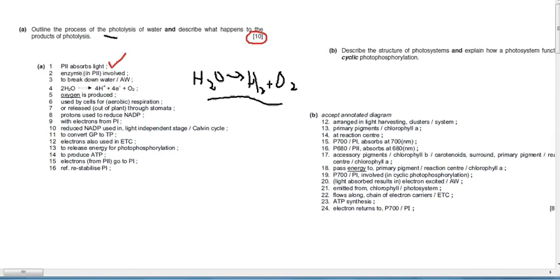You know that photosystem 2 absorbs light. This is P700, right? P700 absorbs light. Enzymes in P2 are involved to break down water, okay, into this and this. This is the light dependent stage, okay? You should remember that, the light dependent stage.